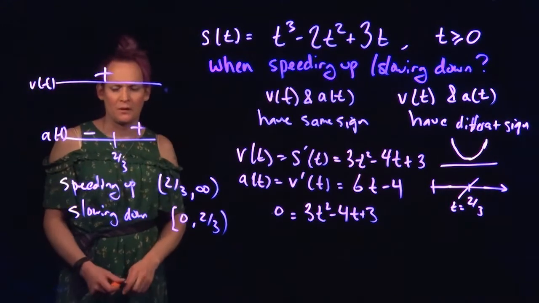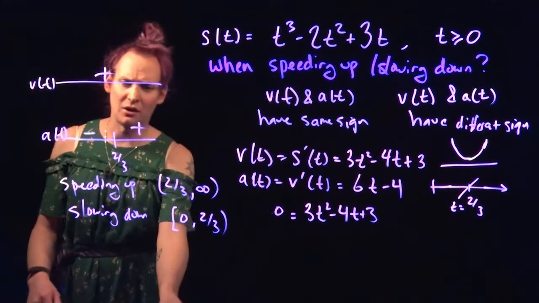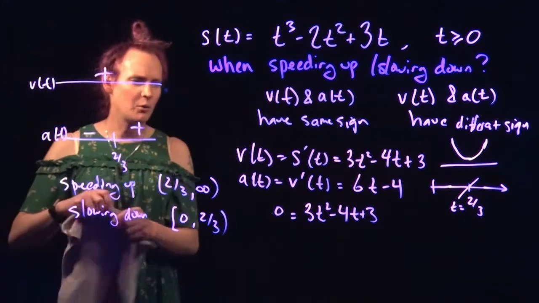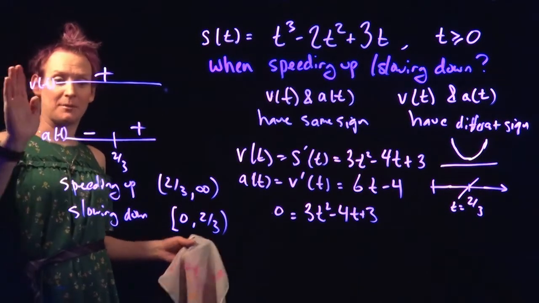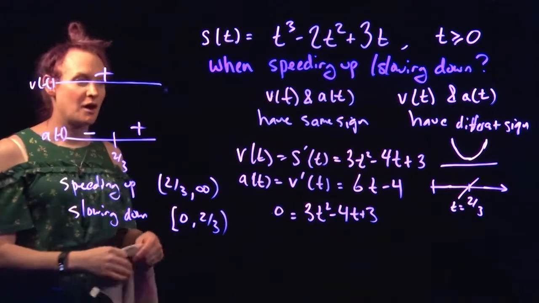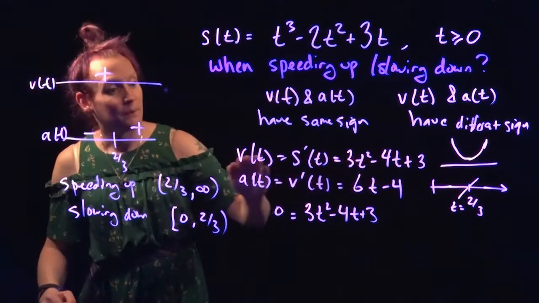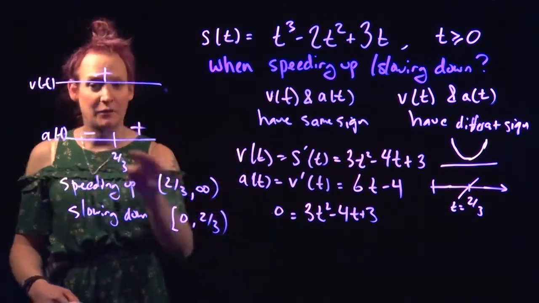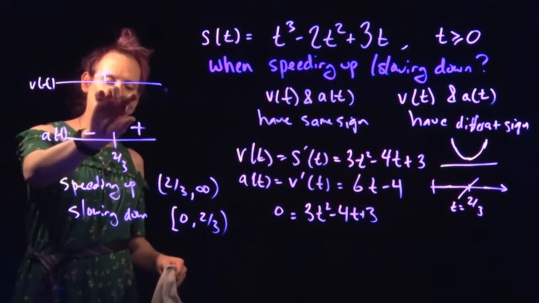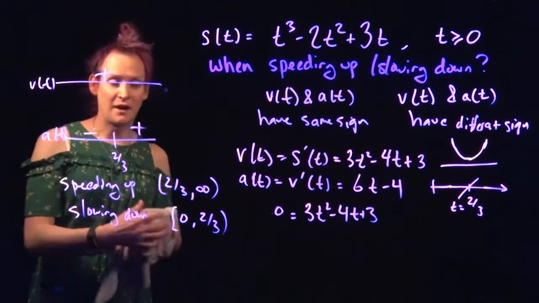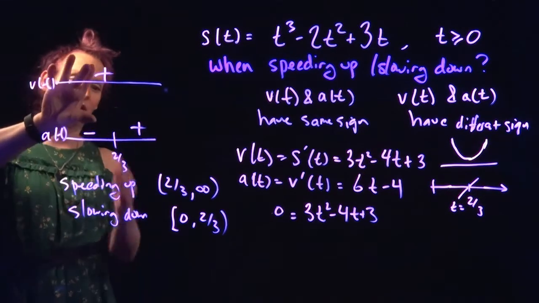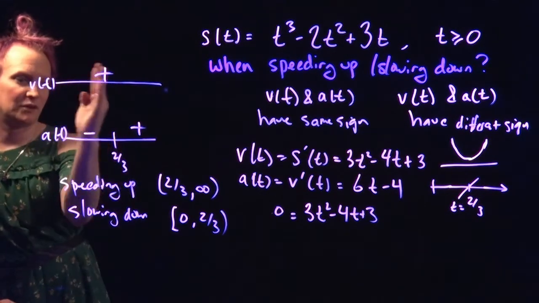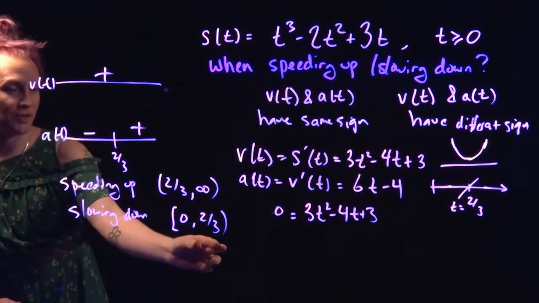Okay. So I feel like the tactic here was to come up with this line, partition the line according to the zeros of my velocity and acceleration functions, and then check to see where they are of the same sign and where they're of different sign. They're of opposite sign to the left of 2/3, so it's slowing down.